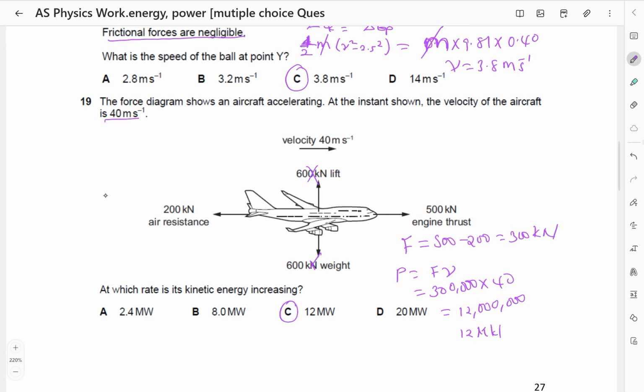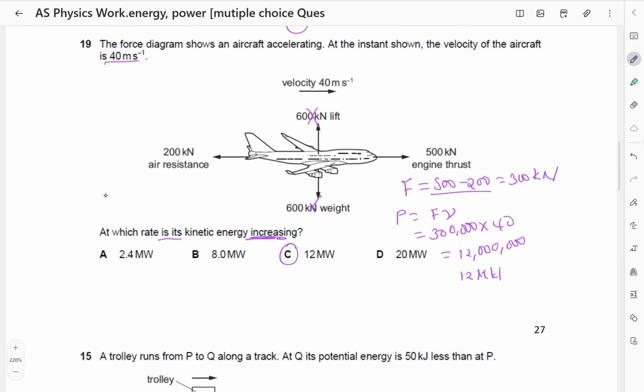So the answer is automatically C. Because they wanted the rate at which kinetic energy is increasing, that's why I found the force which will cause an increase in kinetic energy. The work done will be the work done by the engine minus the work done against air resistance. That will give us the work done for the increase in kinetic energy. So it is as easy as getting the force which will cause an increase in kinetic energy times the velocity.